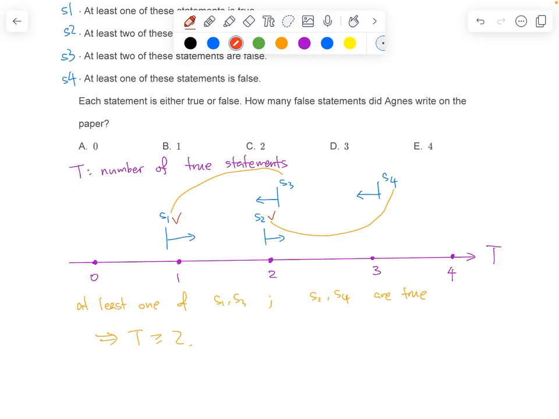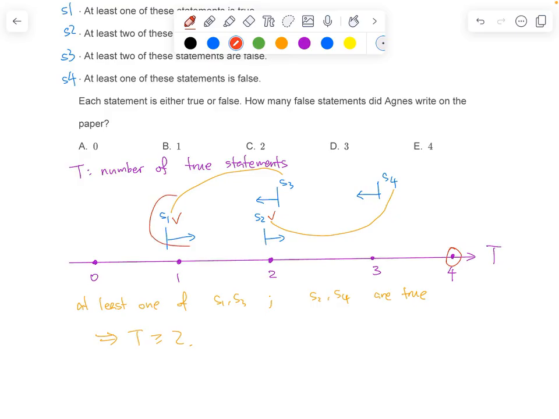Now let's check what T can be. Suppose T is just 2. Then how many statements are true? Then both S3 and S4 are true as well. So there would be 4 true statements, which is not 2. Suppose T is 4. Then you can see that there is an obvious contradiction.